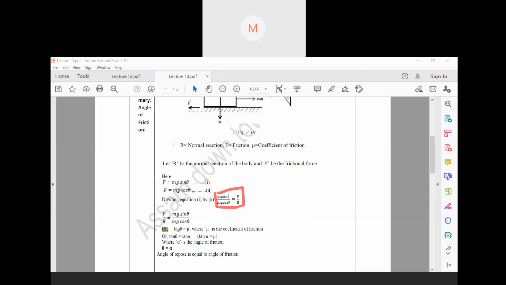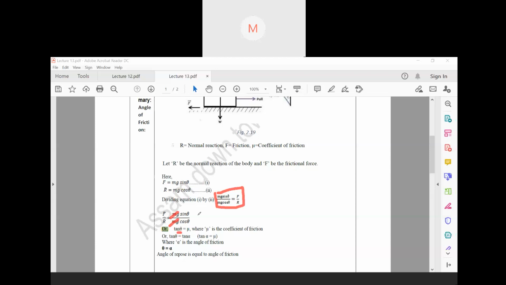That means we'll be getting tan theta. From this, mg gets cancelled. So sin theta by cos theta is how much? It is tan theta. Yes or no?